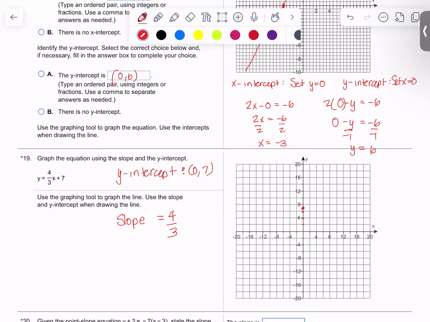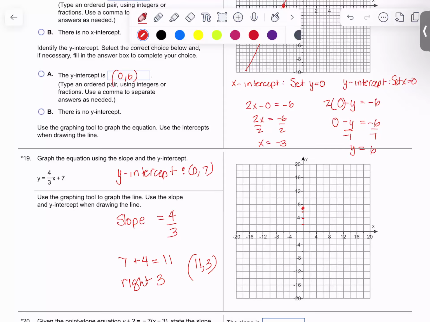Now the slope is 4/3. So you're going to start at 7 and go up 4. So you're going to end up at 11 in the y direction. And then you're going to go to the right 3. So you're going to end up at a point 11, 3. I'm going to go up 4 from 7 and over 3 from 0.